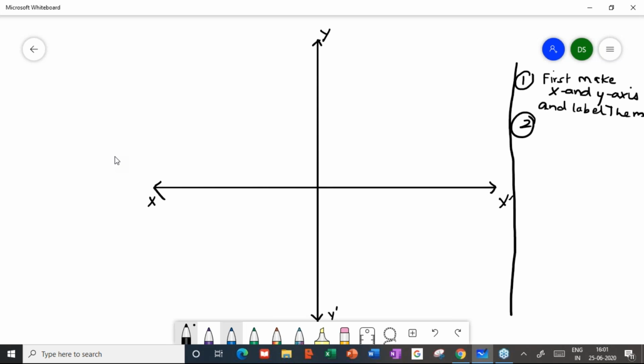You're going to mark points using a ruler. Normal convention, we take 1 centimeter as 1 unit, in 99% of cases, right? So I'm labeling the points on the x-axis first.